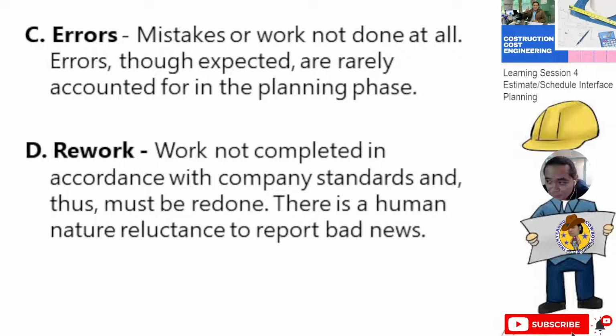Because you are a human, an estimator is a human, so it's prone to error. So maybe if you are using an application like Excel, maybe you have a mistake in your formula, or you forgot something, you did not multiply or add a certain amount or figure, then it's an error. If it's approved, then you have a problem.